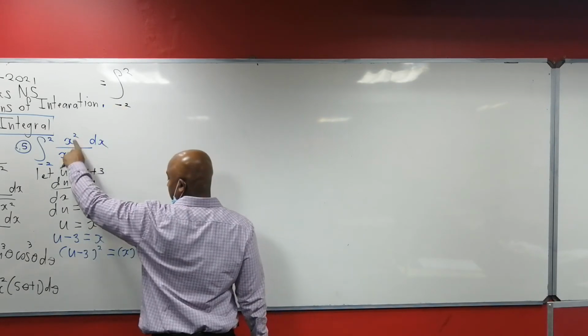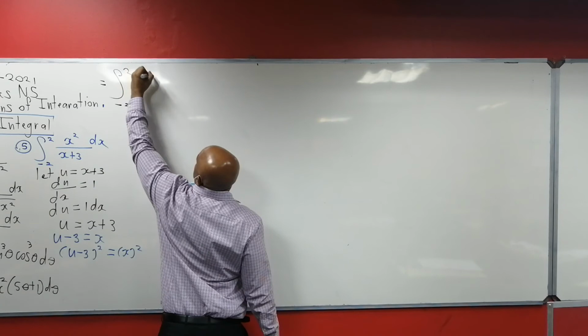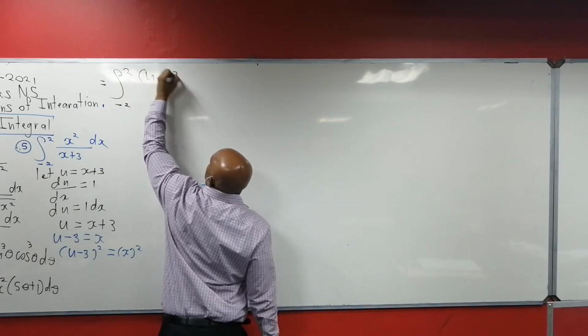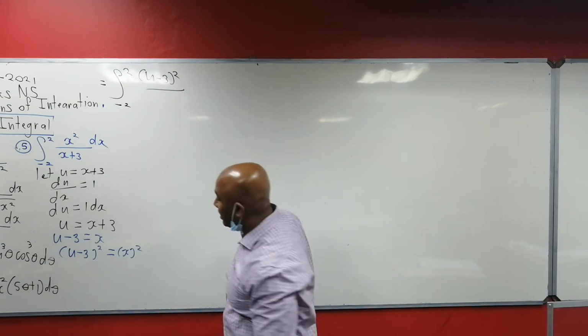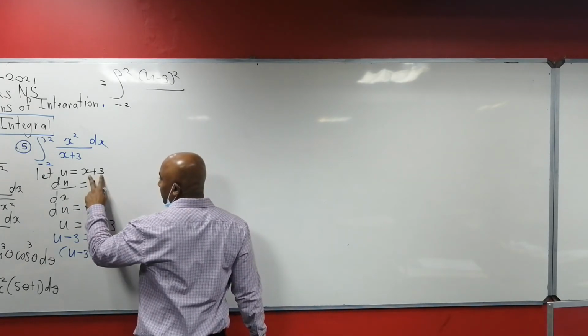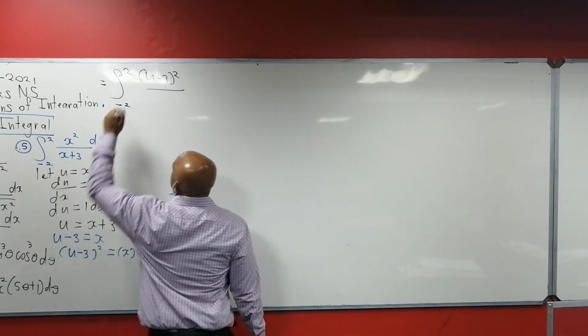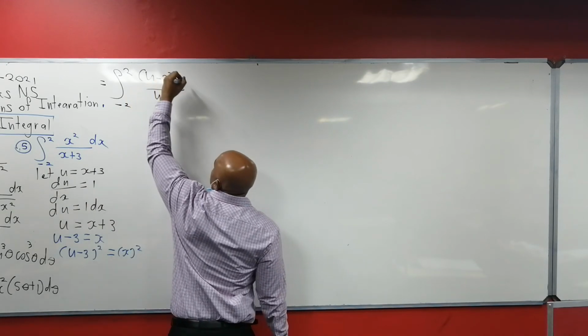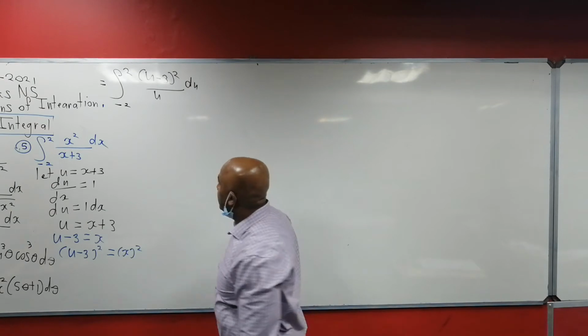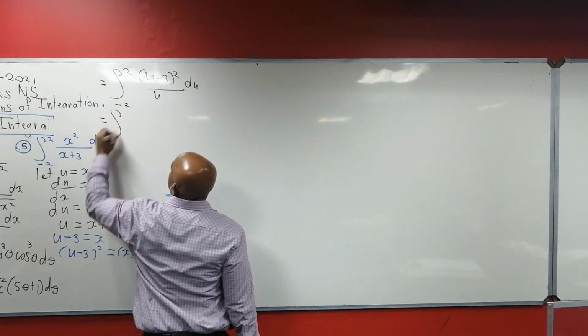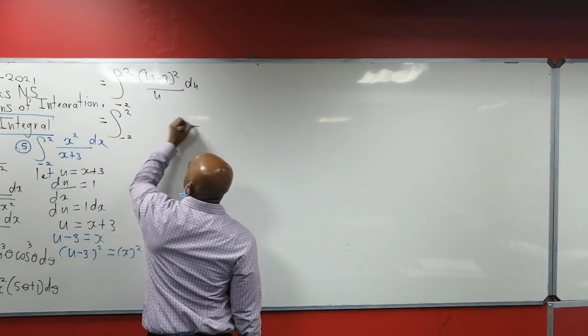And x squared now, that's u minus 3 all squared, all divided by x plus 3, which is u. So there's my u there, and dx is equal to du. Correct? Right, so now that's 2 to minus 2.